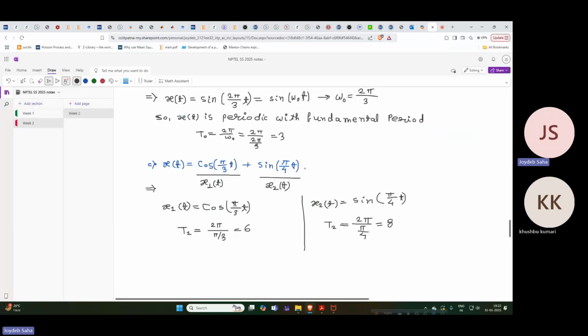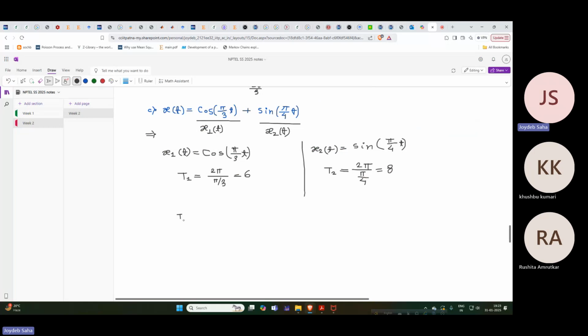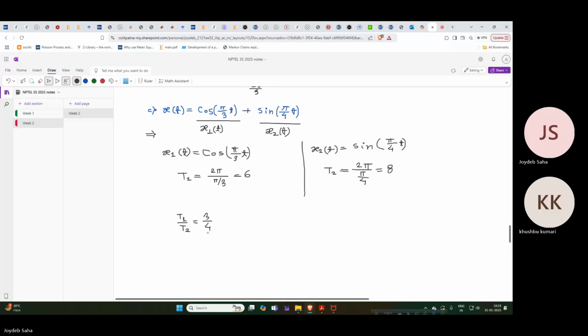Okay. So T1 by T2 will be 3 by 4, which is a rational number.